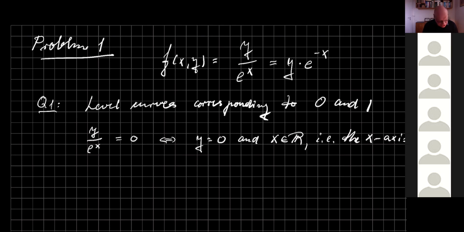Now, if I continue here, I should have the level curve corresponding to 1. I have y divided by e to the x equal to 1. And again, you can multiply with the exponential function. So you get that y is equal to e to the x.